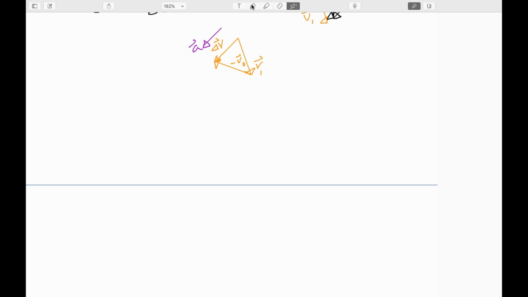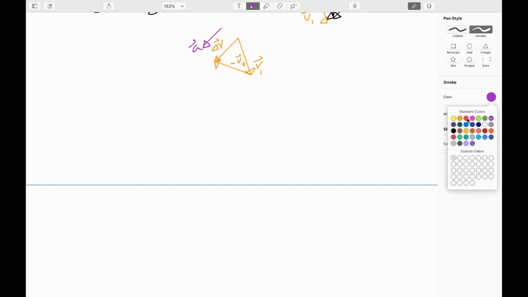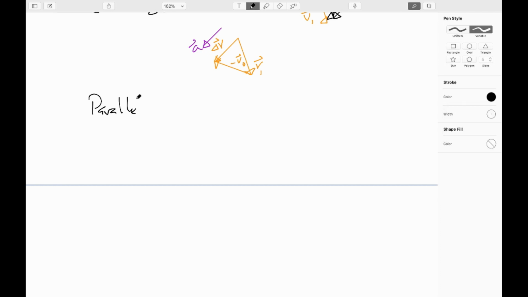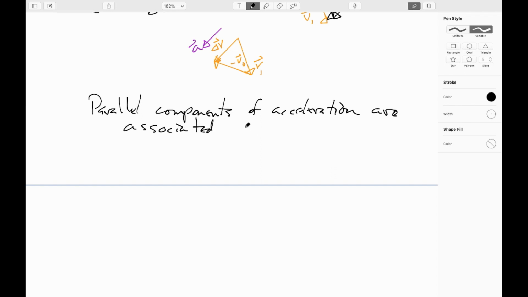And so what we get is that the parallel, or anti-parallel, components of acceleration are associated with a change in speed.